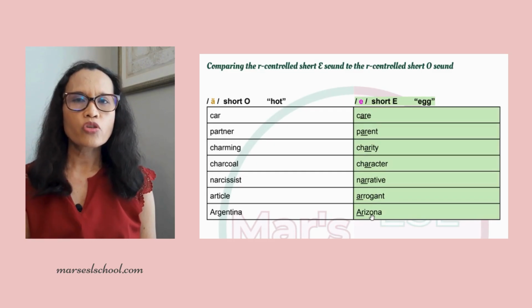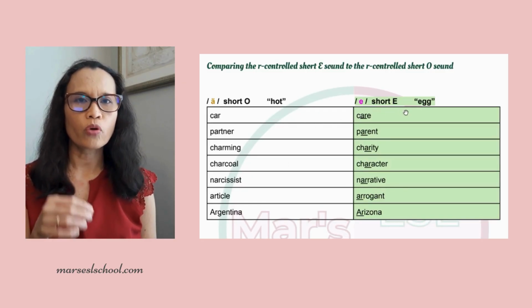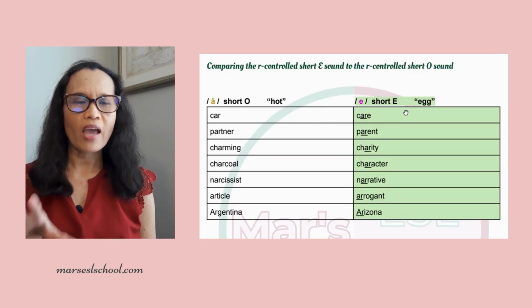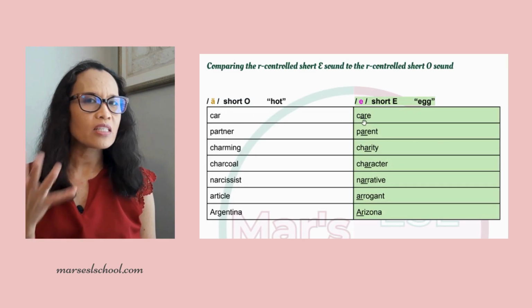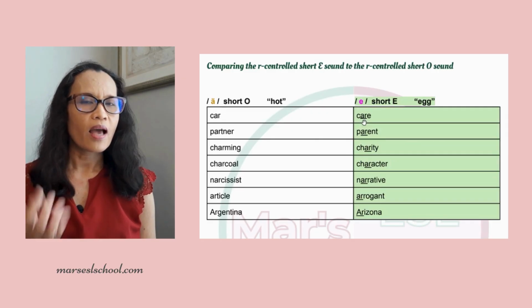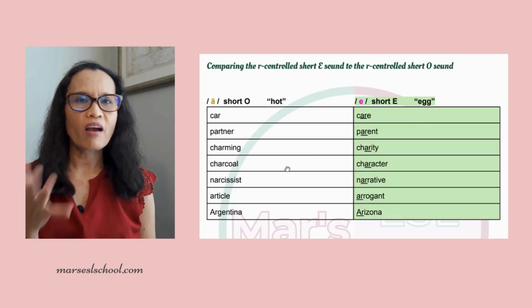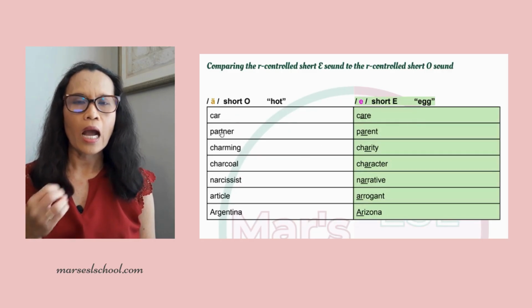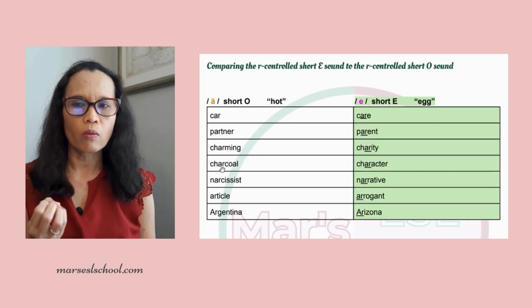If we look at our two R-controlled vowels, the R-controlled short O and the R-controlled short E, they both have AR in the spelling. But why are they pronounced in two different ways? Let's look at the spelling. So if we look at our examples of the R-controlled short O sound, we have words like partner, charming, and charcoal.